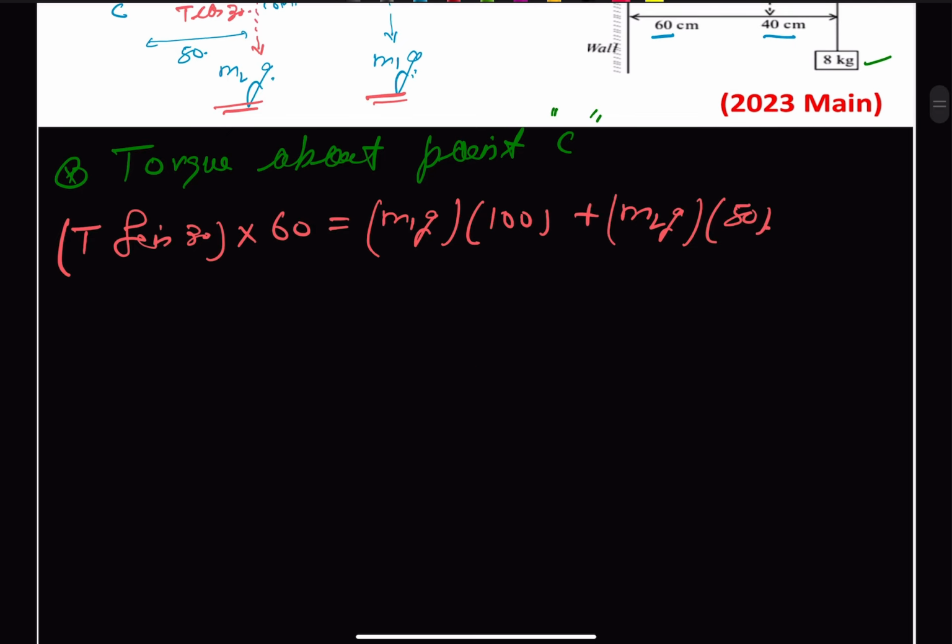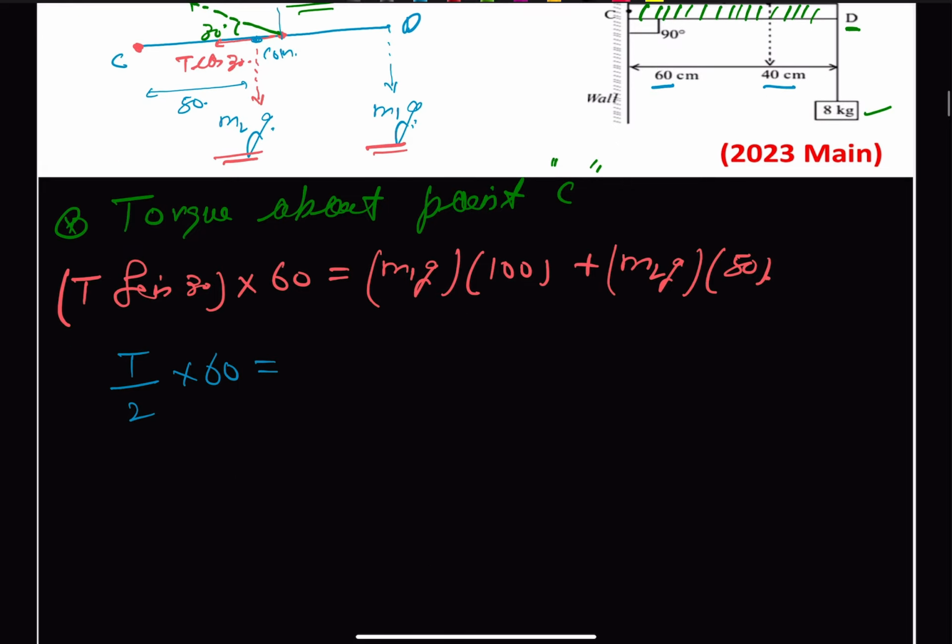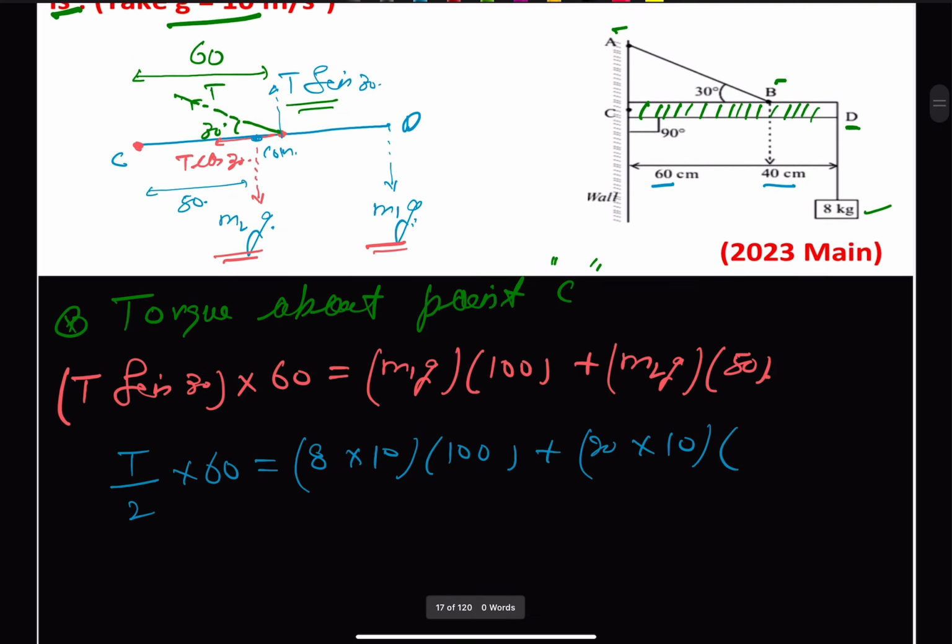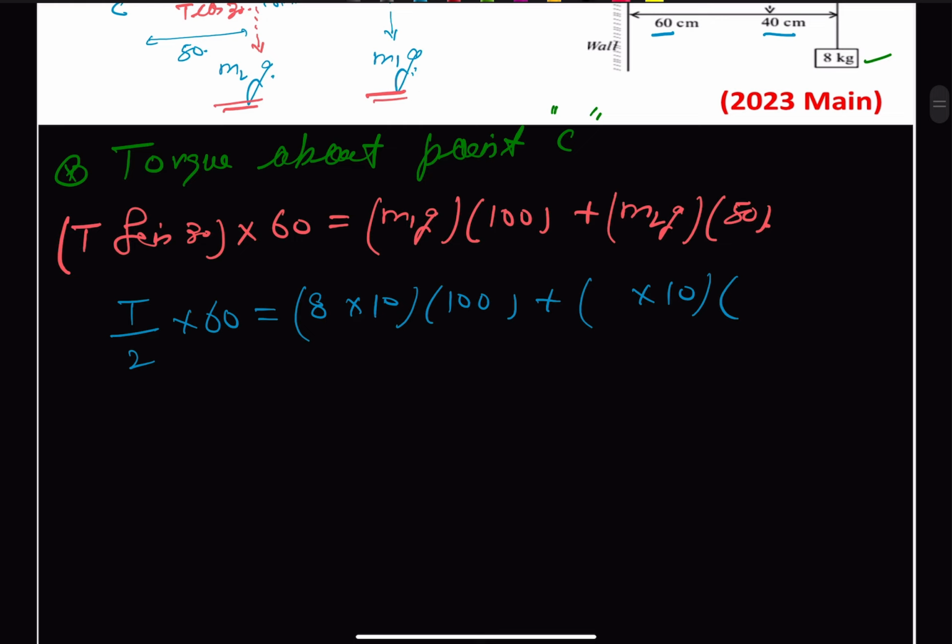So we can write T by 2 multiplied by 60 is equal to, our m1 is 8, into 10 multiplied by 100, plus m2 is 2 kg, multiplied by 10, and multiplied by 50.